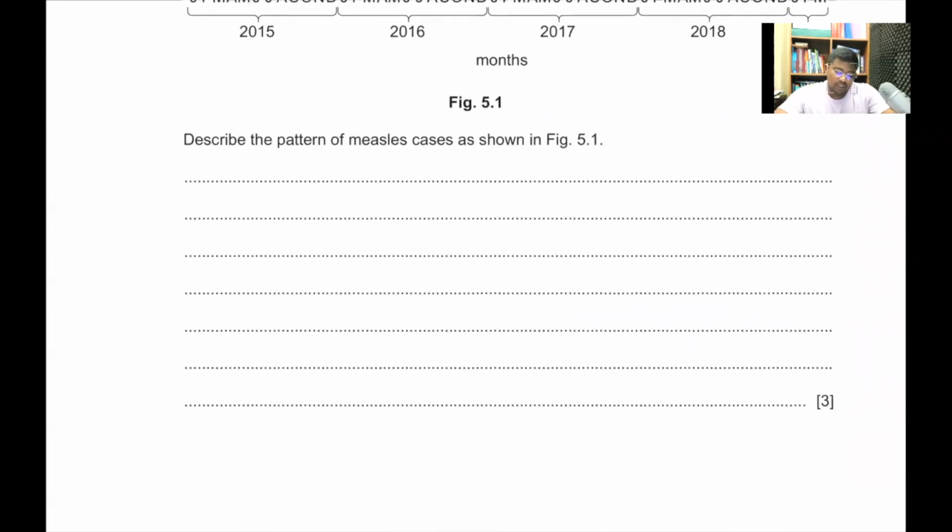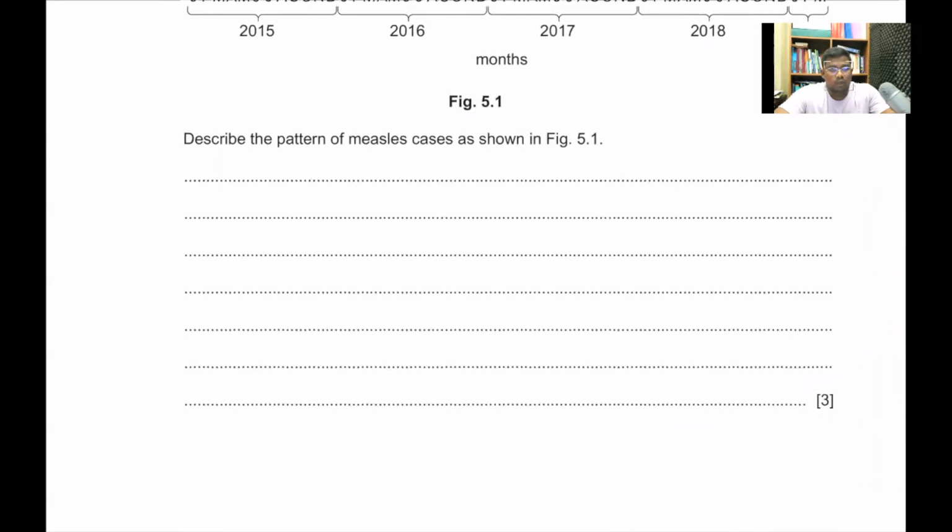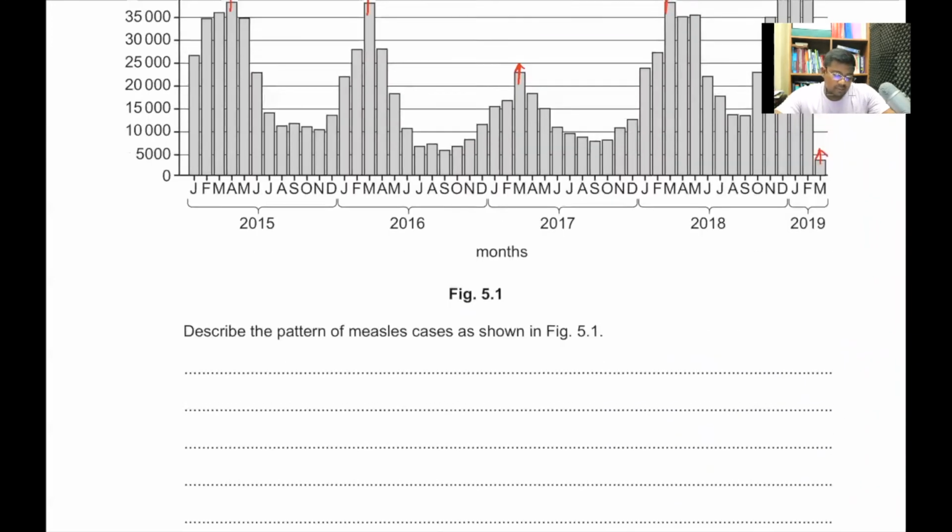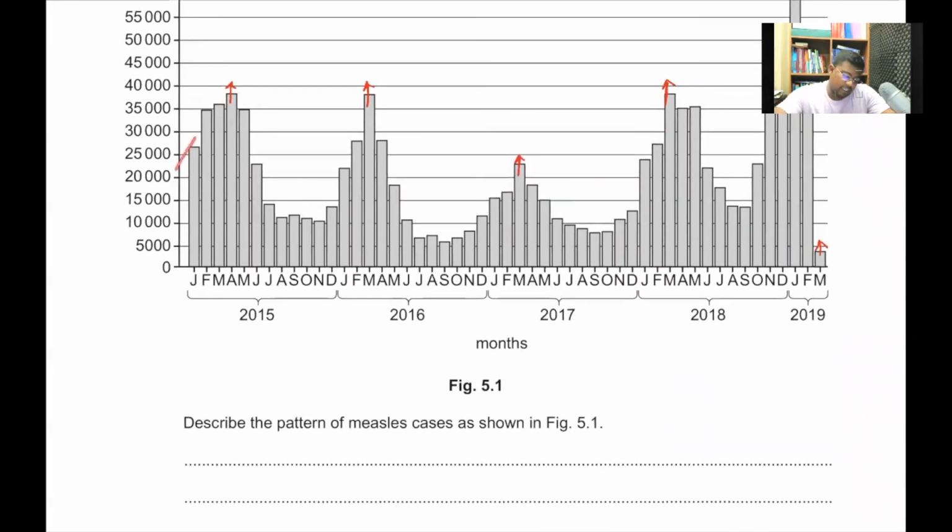Describe the pattern of measles cases as shown in figure 5.1. We can see the measles cases throughout the year. First of all, it increases, then it decreases, then it increases and decreases back again. In 2015, January had around 2,700 cases, and April has around 3,800 cases, and December has around 13,000 cases.